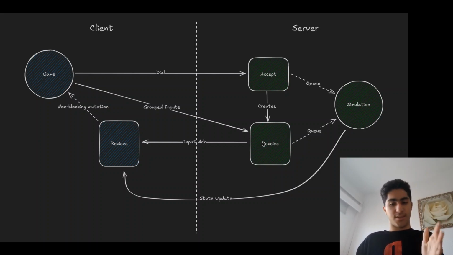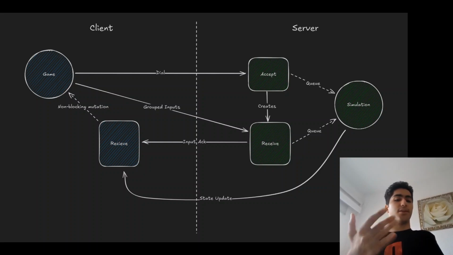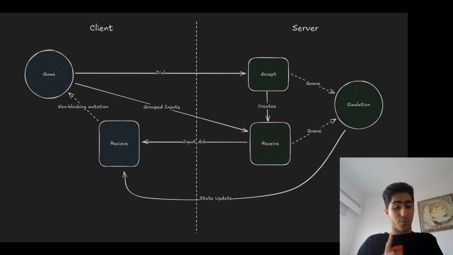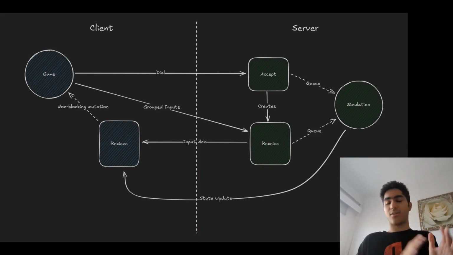Once it has received it, it's going to put it in the queue so that the simulation is aware once it wants that input, not forcefully tell it to stop and wait for this input. It's just going to be there for the simulation to pick up later.